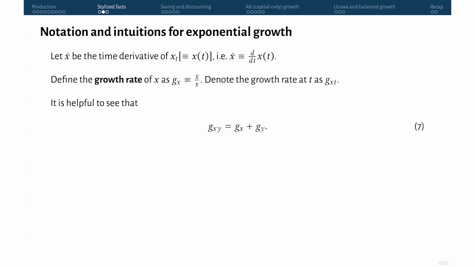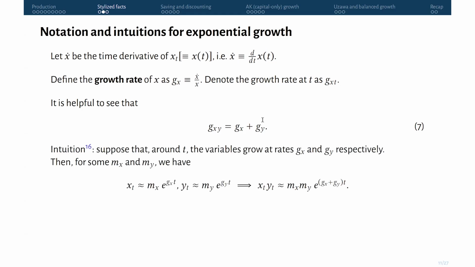It can be helpful to see that the product of two variables grows in proportional terms at the sum of the growth rates of its components. Again, this will be really basic to very many of you, but just because we're going to see it so often, here's a quick intuition as to why that's true. Suppose that around some time t, the variables are growing at rates g_x and g_y respectively.